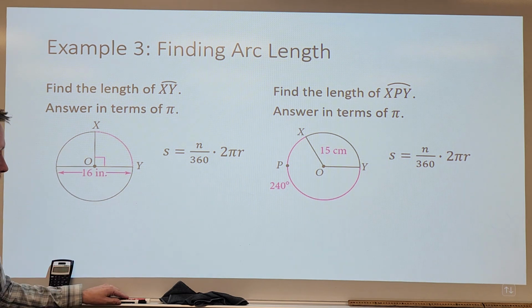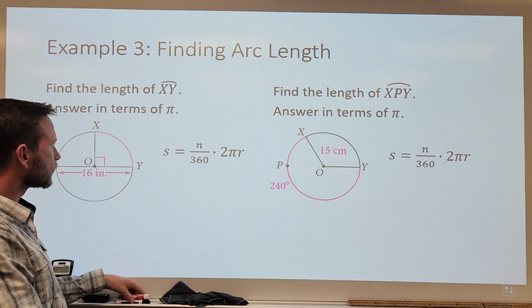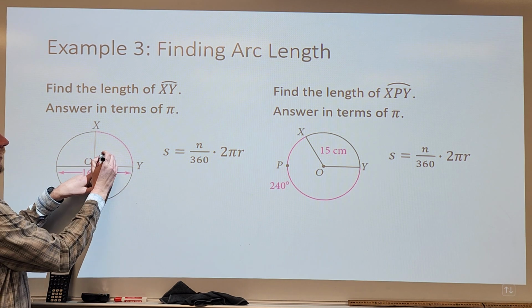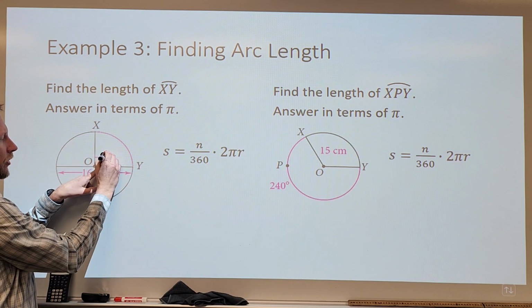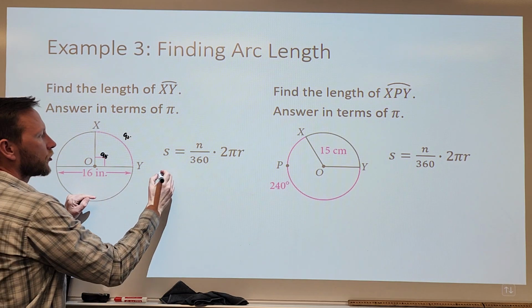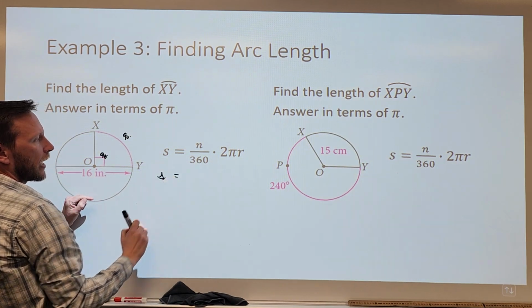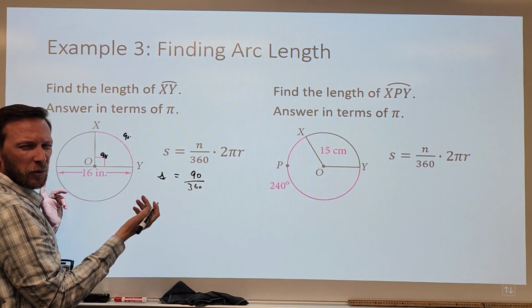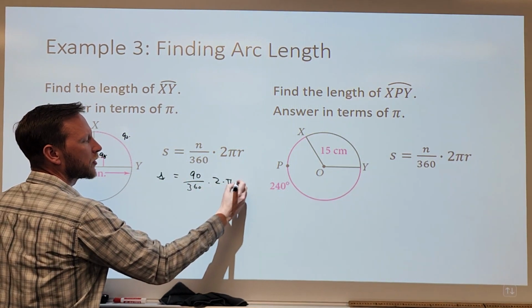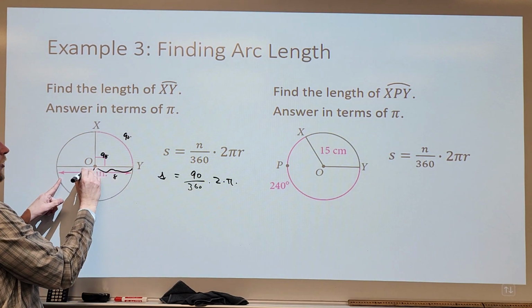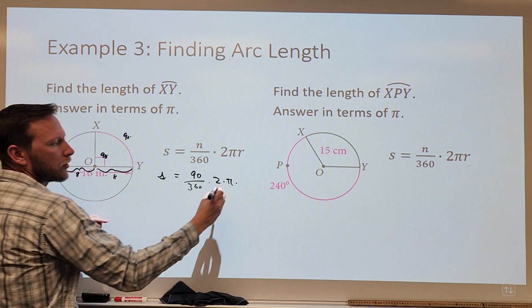So for these items, go ahead and draw those pictures to the best of your ability. We're going to find the length of this arc in terms of pi. The measure of this angle we know is 90 degrees. That means the measure of this arc is 90 degrees. So the arc length, S, is equal to 90 over 360, which is 1/4, of 2 times pi times the radius. If the whole thing is 16, then this part is 8, and that part is 8.